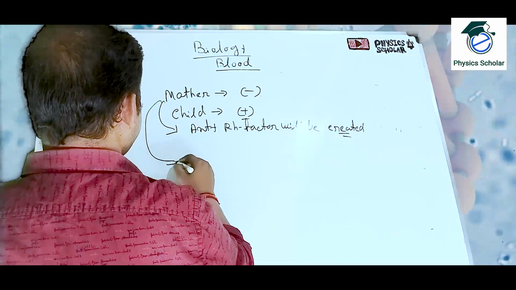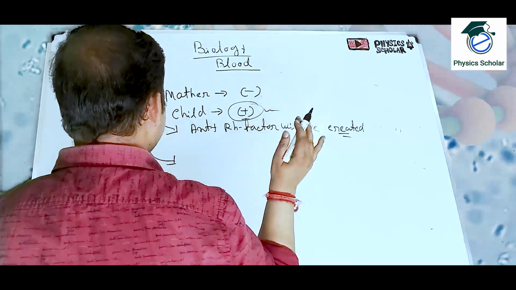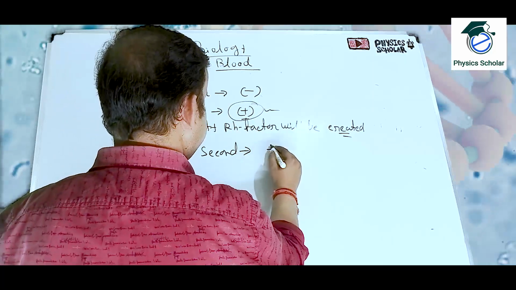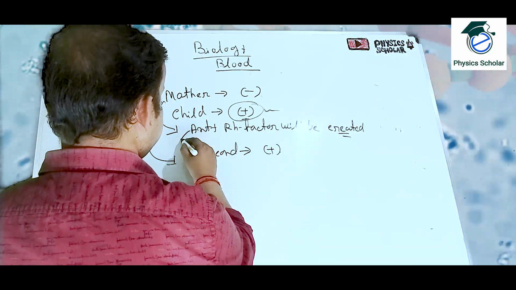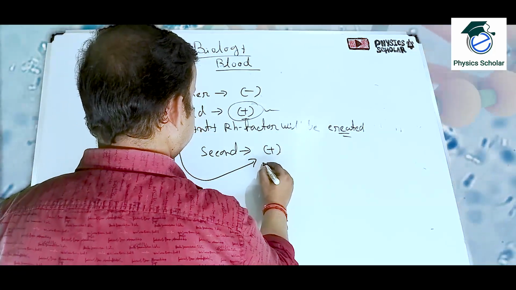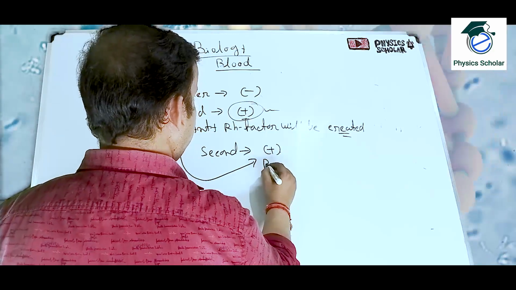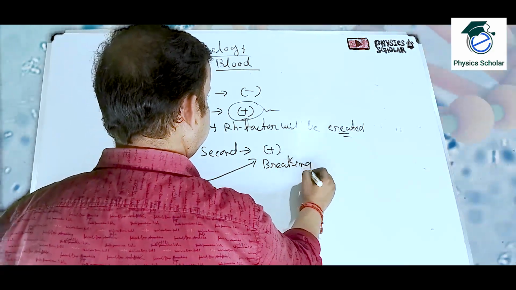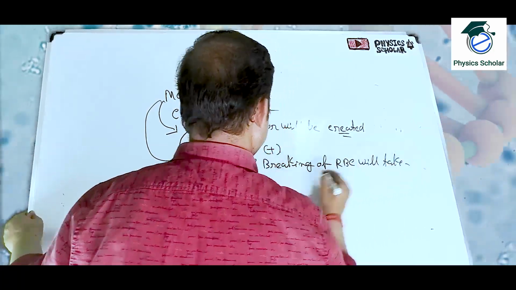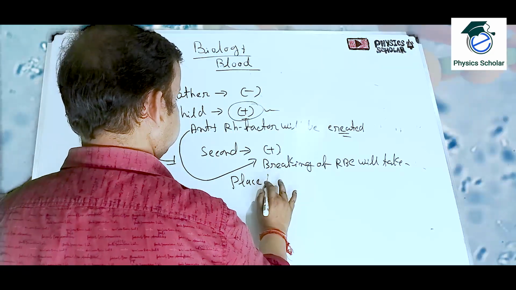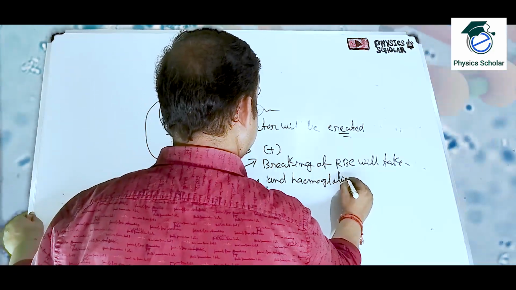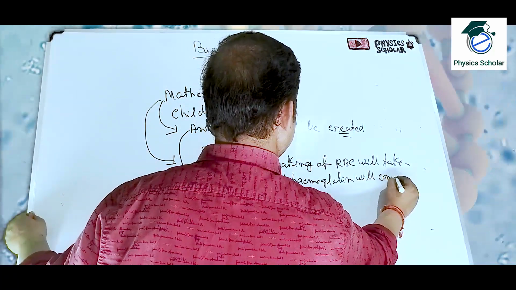Now in the first pregnancy, the child may not have any problem, but in the second pregnancy, what will happen? If the child is also positive, this anti-RH will enter the child's body from the mother, and the blood coagulation or breaking of RBC will take place, and hemoglobin will come out.